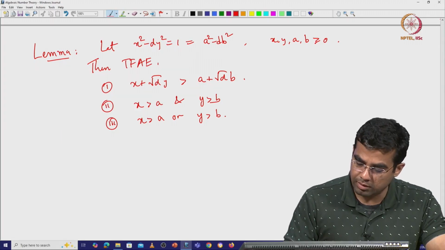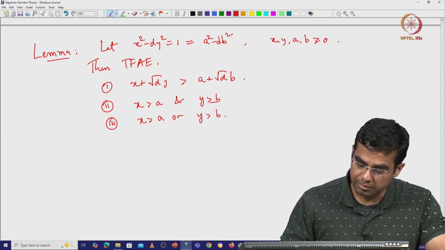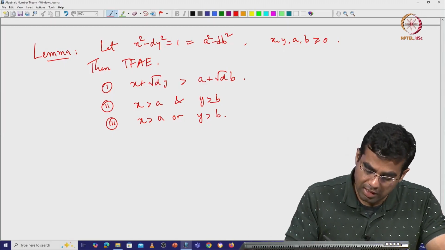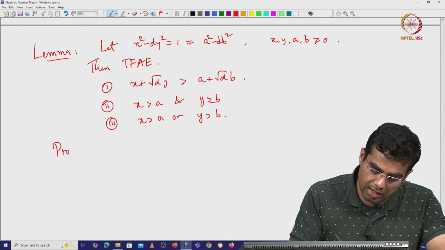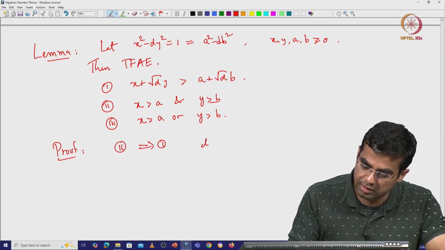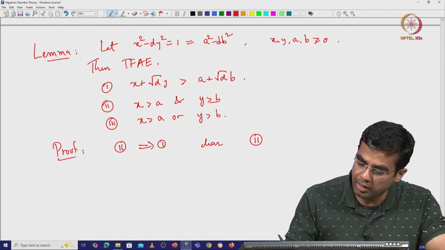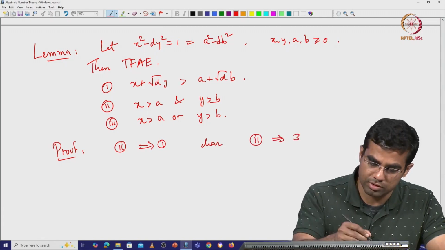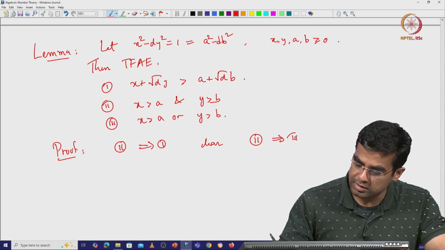Maybe I said something slightly wrong the last time. What is clear is that 2 implies 1, and 2 implies 3 is also clear. I think I said the other way around last time.